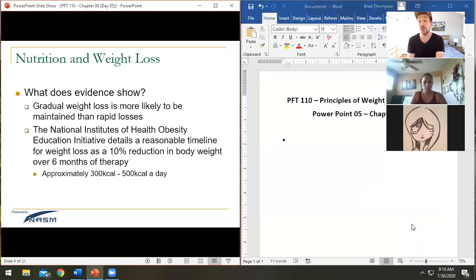So now we've got an argument on both sides, right? Is the keto diet bad for you? Well, not necessarily. Saturated fat has been linked to heart disease. That's not saying that fat is bad for you, right? Unsaturated fats are still very, very healthy.